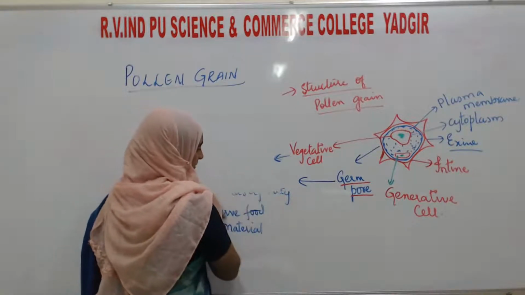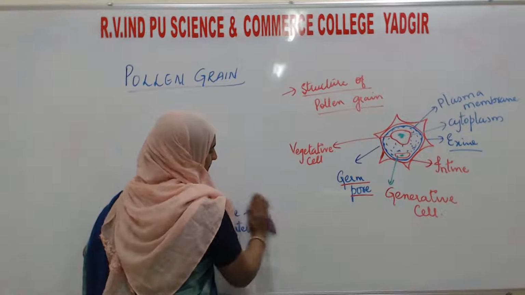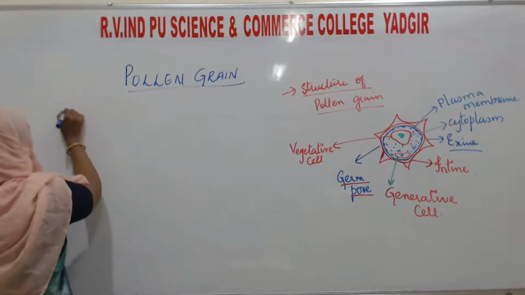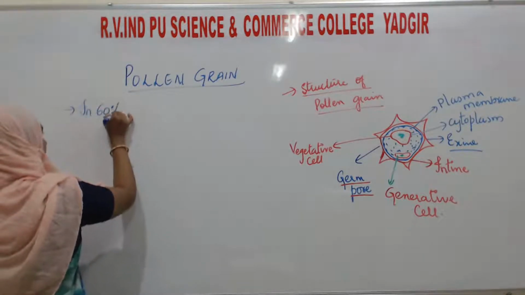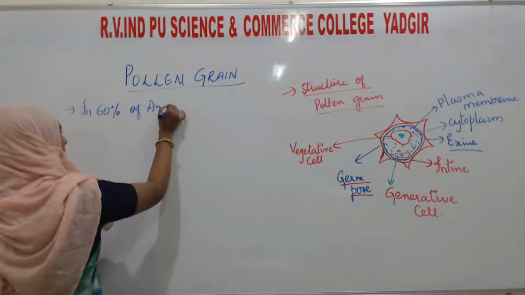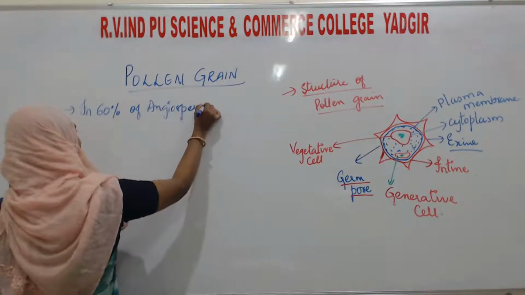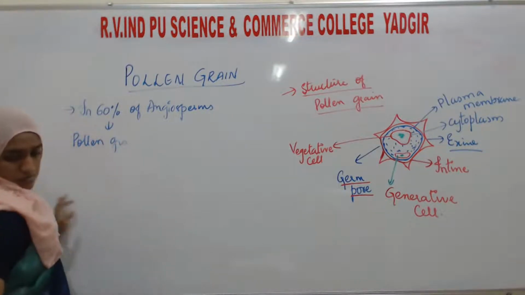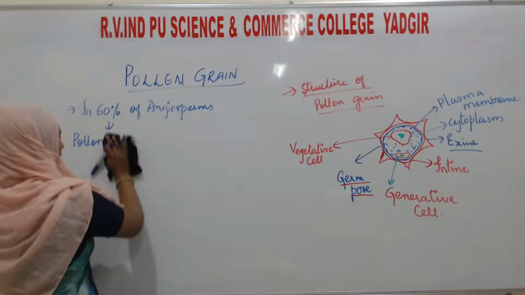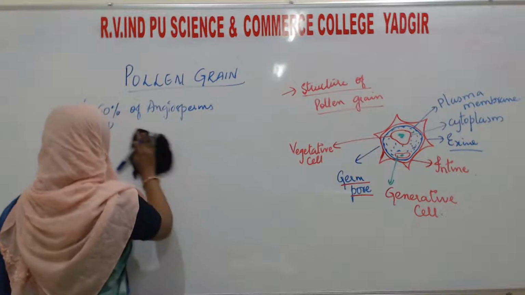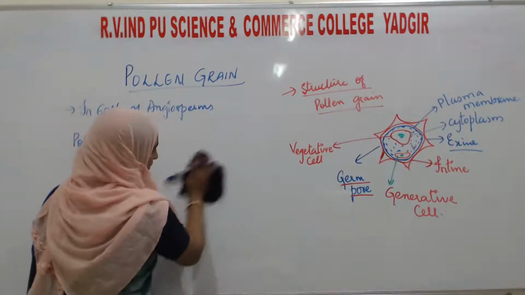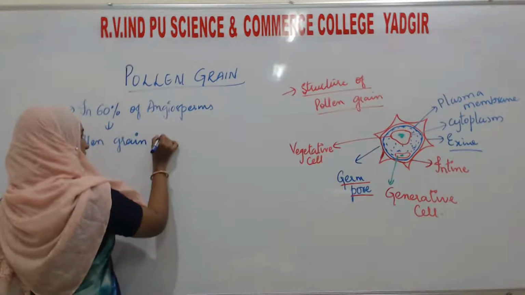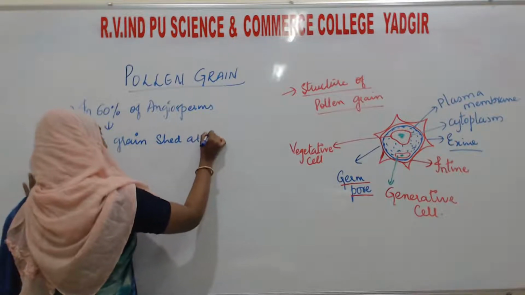So, in 60% of angiosperms, the pollen grain sheds at the two-celled stage.